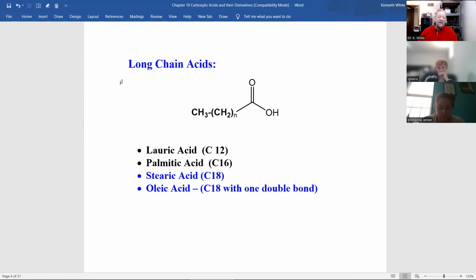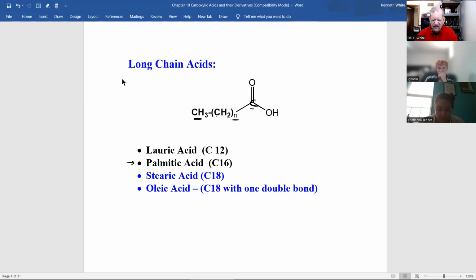And there are other common names for carboxylic acids. When there's 12 carbons, that's this N plus this carbon equals 12, we call that lauric acid. When there's 16 carbons, this carbon plus N, which is the number of CH2s, is 16, it's called palmitic.